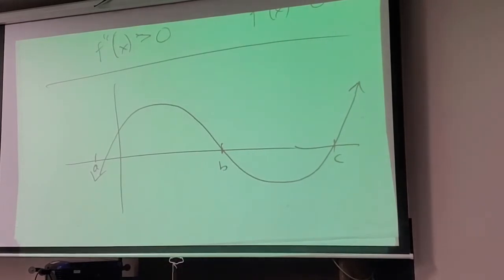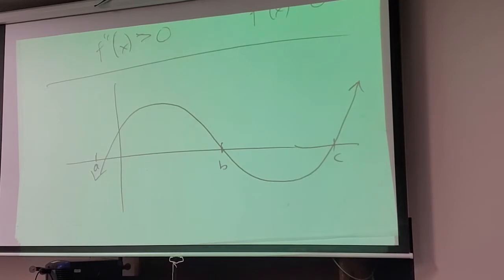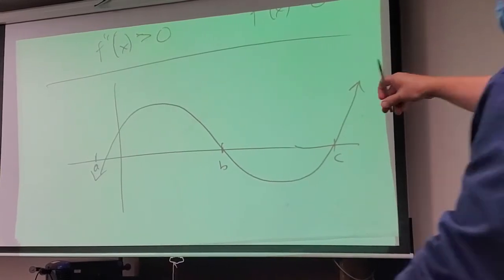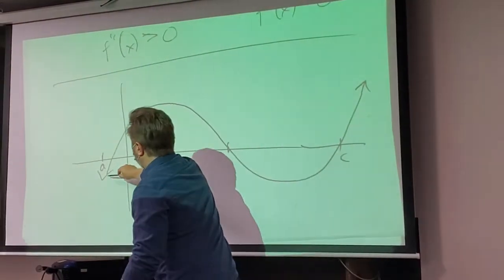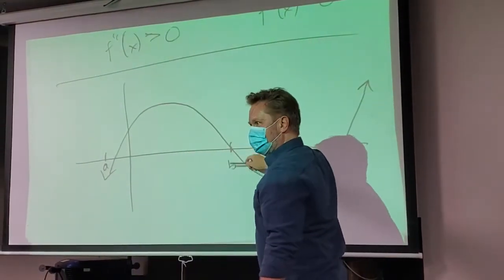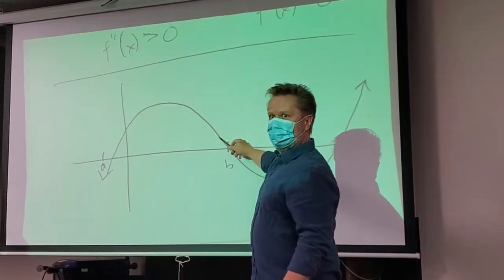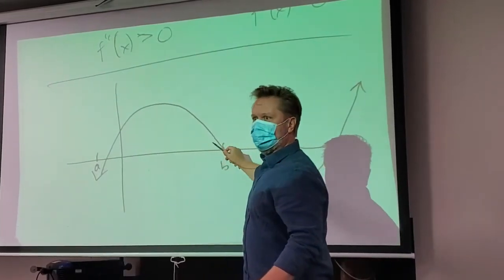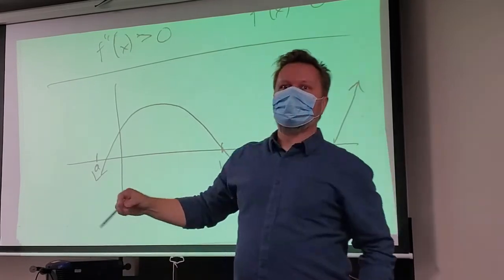So if I can look at the first derivative telling me increase, decrease, what's the quick way to think about the second derivative then? The quick way to think about the second derivative is cup down, cup up. Frowny face, happy face, right?